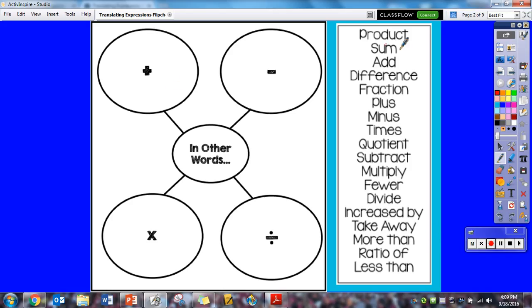So, product here means multiplication, so we're going to write product here. Sum is addition. Add is also addition. Difference is subtraction.